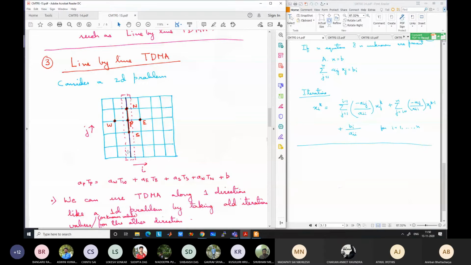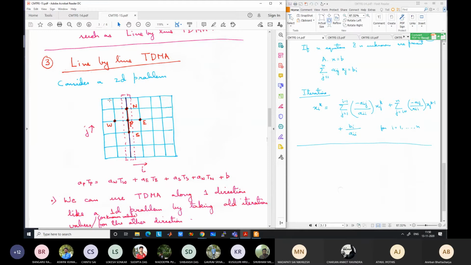Our equation can be written as APTP equal to ASTS plus ANTN, in terms of the unknowns, plus everything else as a known factor: B plus AWTW and AETE, where TW and TE we take from known values. Known values can be from the previous iteration or even from this iteration if the calculation has already been done.